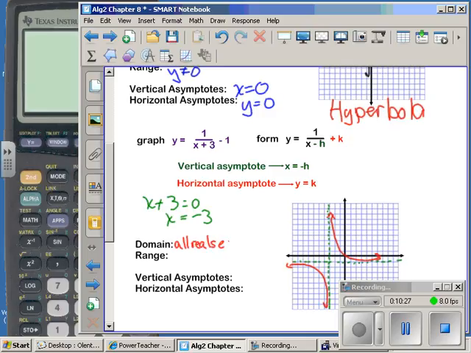Right, all reals except -3. How about the range? Right. So your domain is just your vertical. Exactly. Except -1.